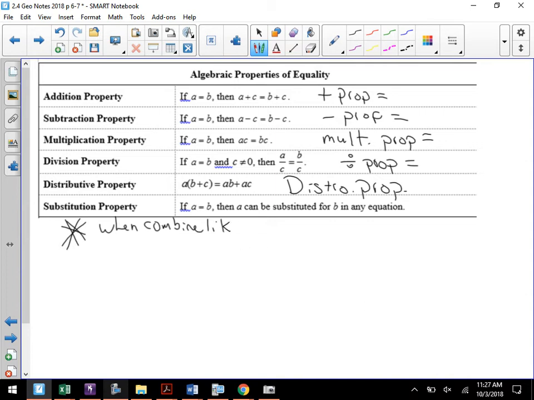Your reason is always going to be simplified. When you combine like terms or your math stuff, so you added 3 to both sides, subtract 2 to both sides, when you rewrite, if you will, it's simplified.